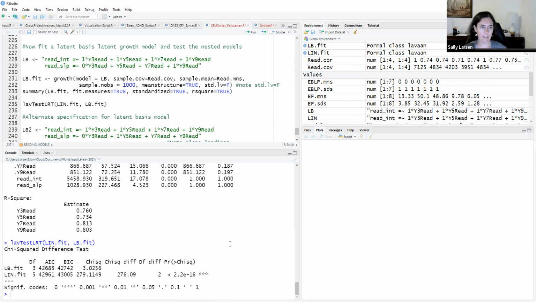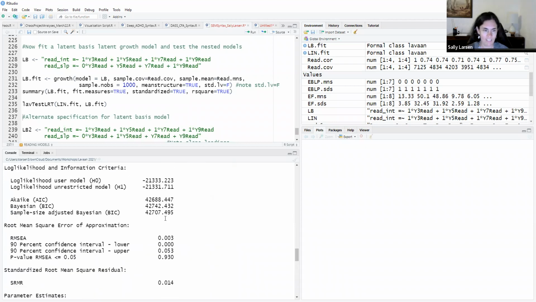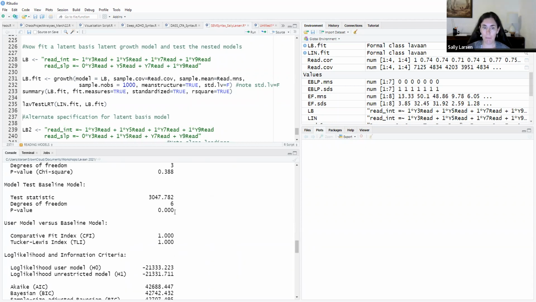If I run that, then it will give me the difference in chi-square relative to degrees of freedom between the model which forced the increment of change to be linear, so the same increment each time, and this curve trajectory. And that's a spectacular improvement. So 2 degrees of freedom difference and 276 chi-square values, whatever they are, better. So it's a heaps better model.